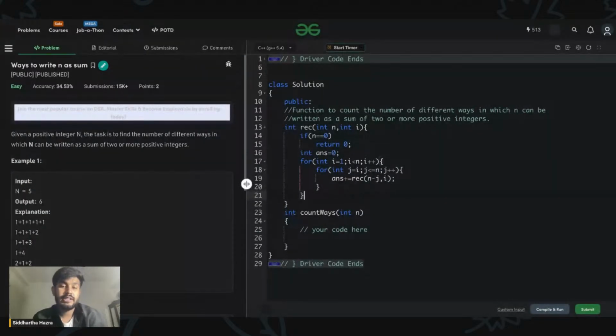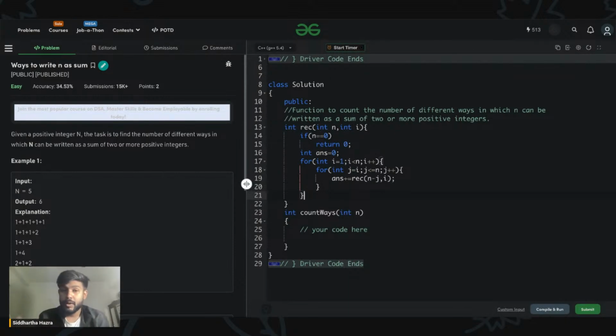I can't really submit it and test it because the recursive solution would definitely give a TLE. The base case will return 0 or 1.